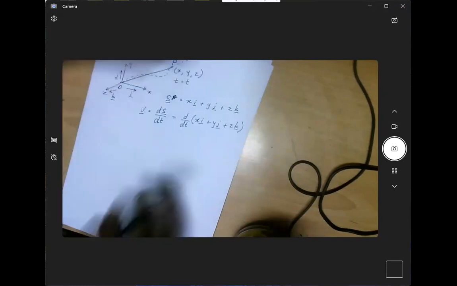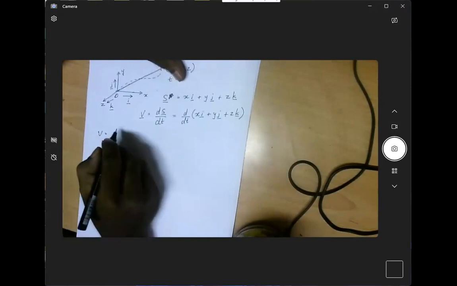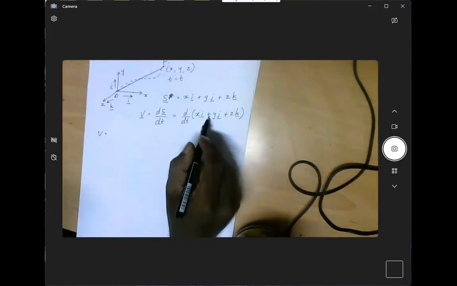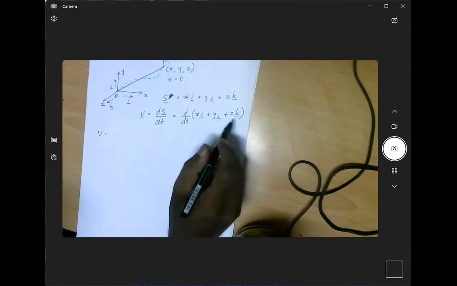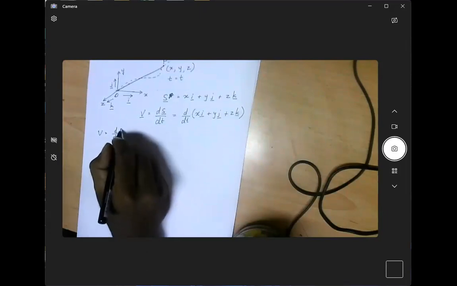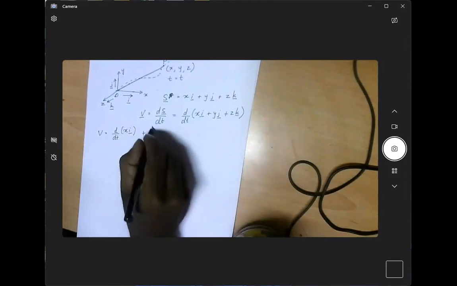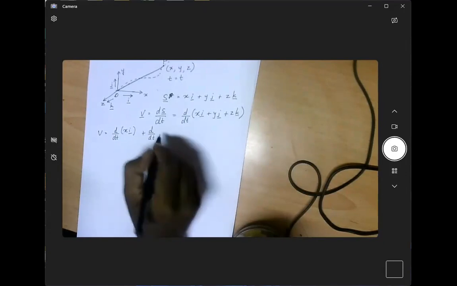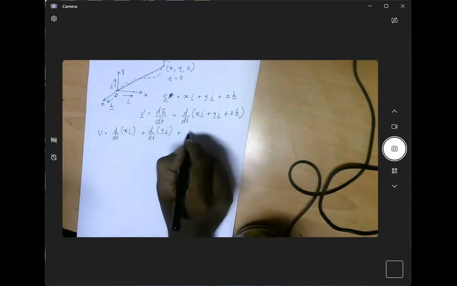So how are we going to do this? We have addition in between the different directions, so we can separate them. d over dt of xi plus d over dt of yj plus d over dt of zk. I am applying the basic rules of differentiation.